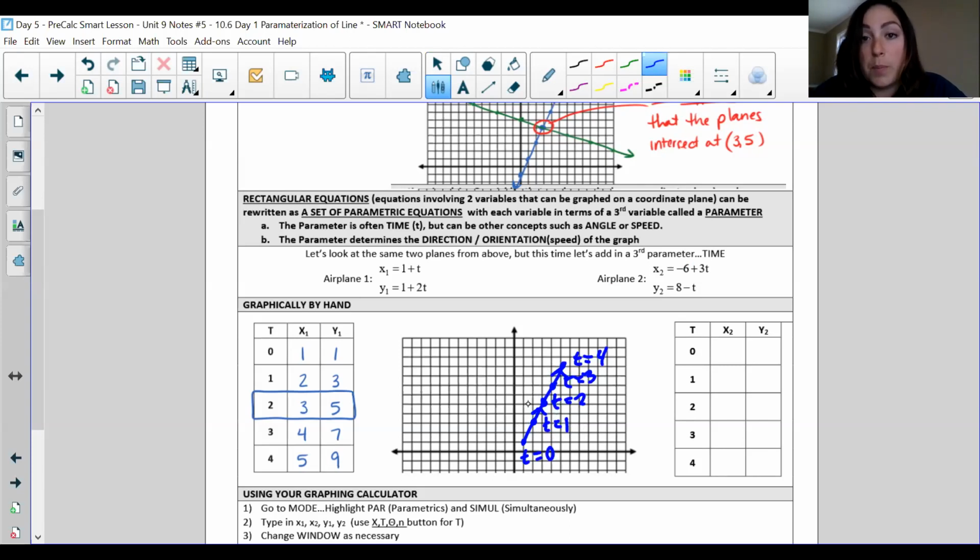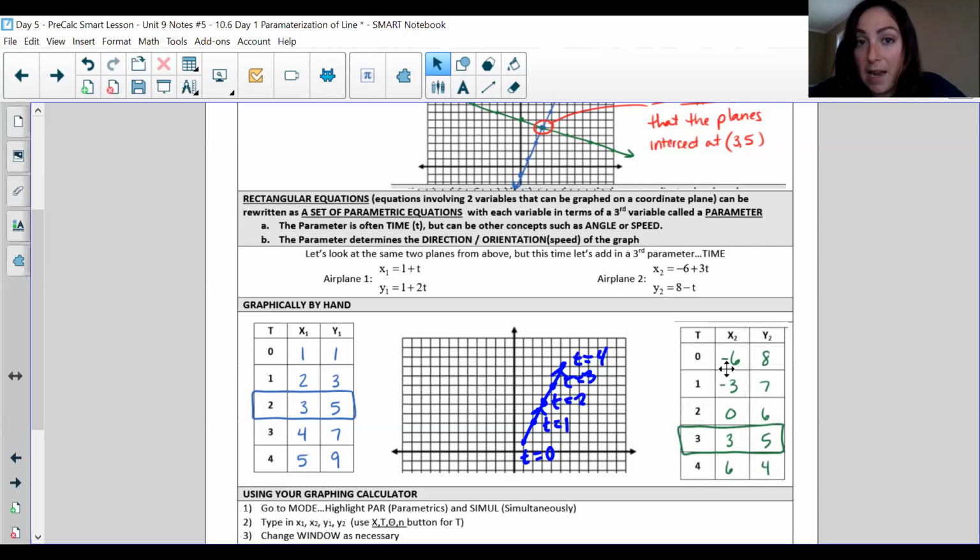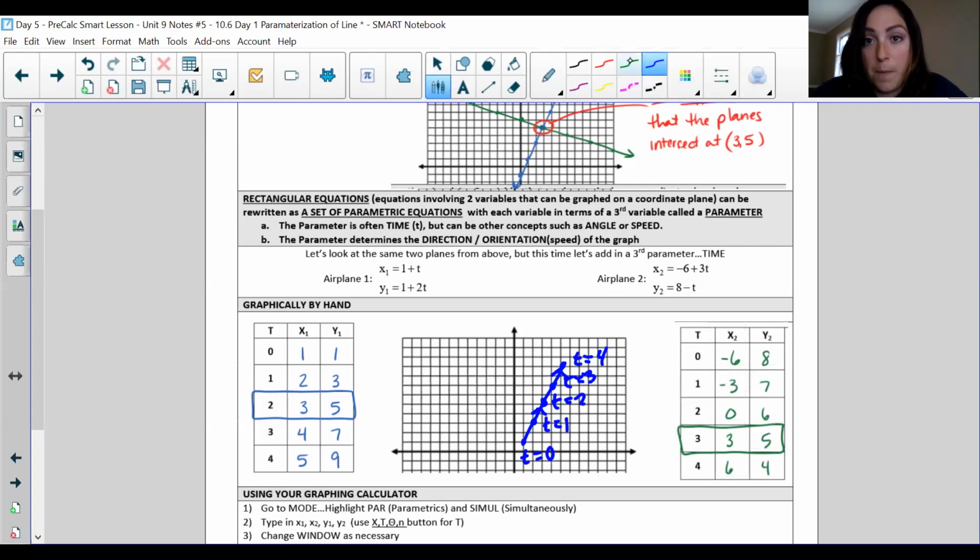Now let's look at airplane number 2. Doing the same thing that we did before, taking our t, substituting it into our 2 equations to get out x and y at that time, we get our table of values. And now let's graph that table of values. At time equals 0, our plane's at -6,8. At time equals 1, we're at -3,7.